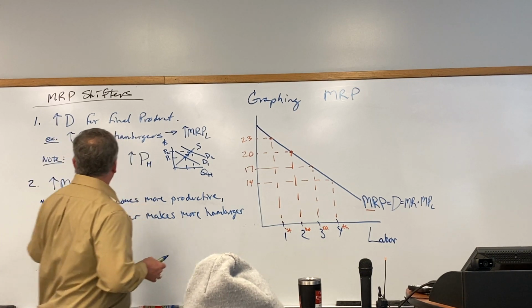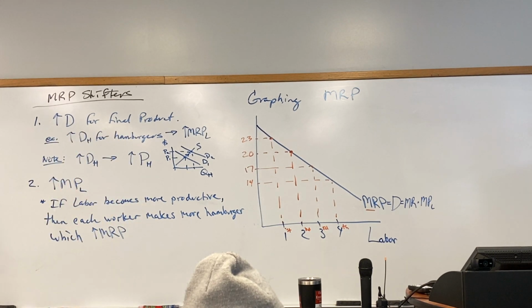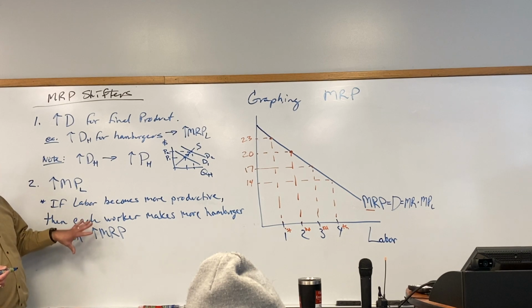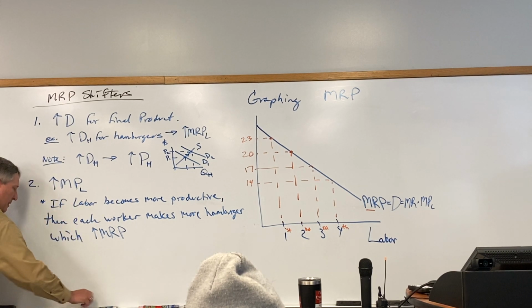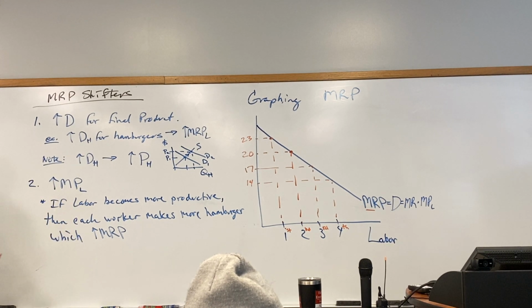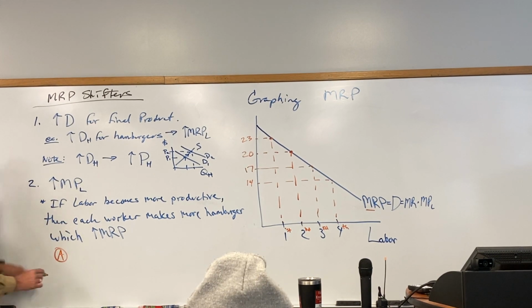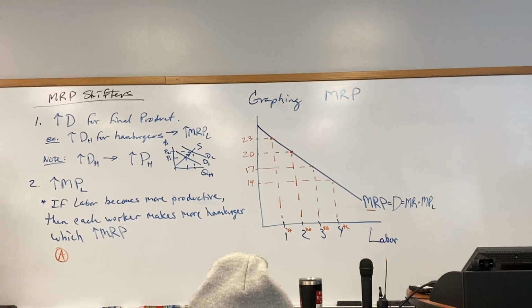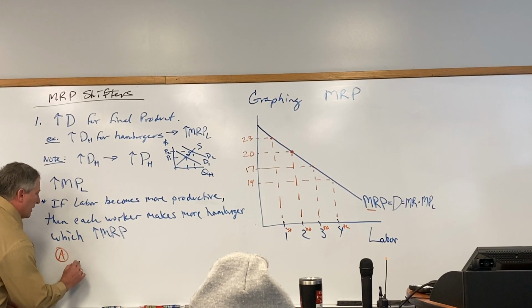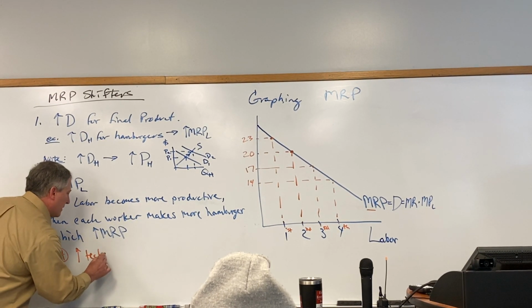All right, so increase in marginal productivity. This could be through technology or a change in complementary inputs. So case A, under increasing marginal product, there could be an increase in technology.